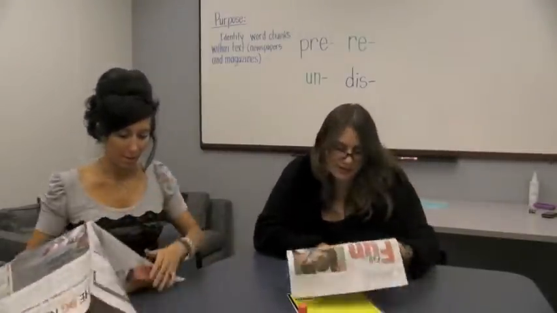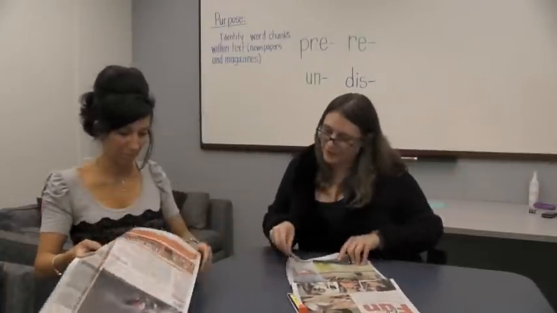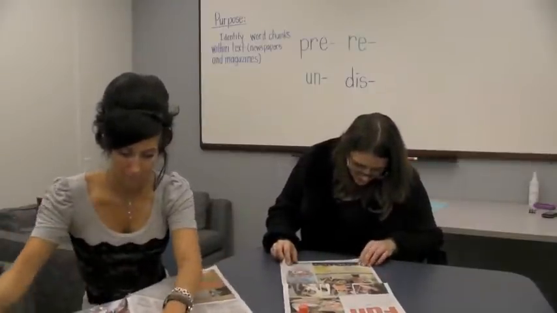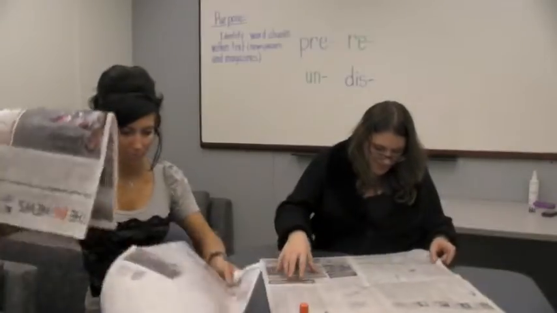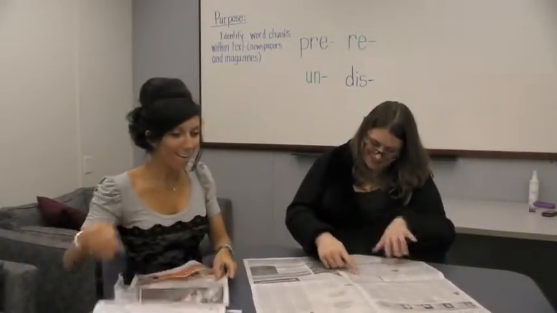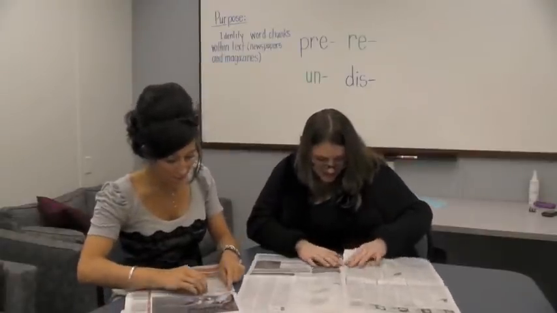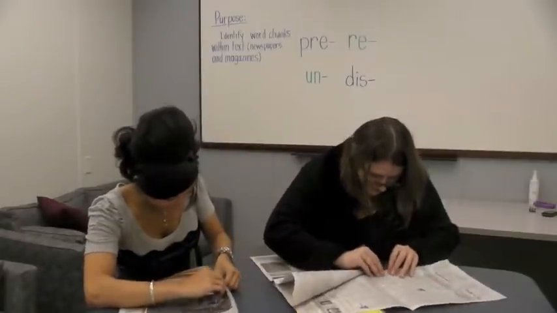Which one? Right here. It's this one, right? Yeah, rip that one out. Be careful. Here, look at this one. Another one. Oh, good one. Rip it out. Oh, I found an un, too. Twice. Yeah. We're gonna get a lot of them.